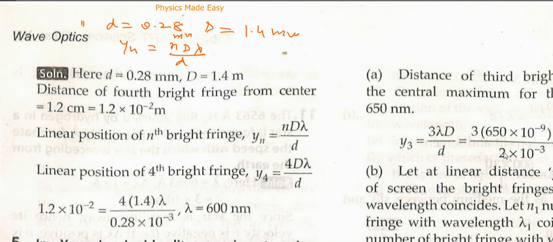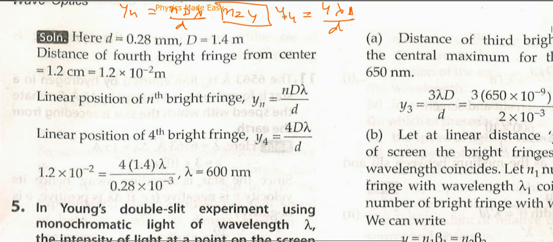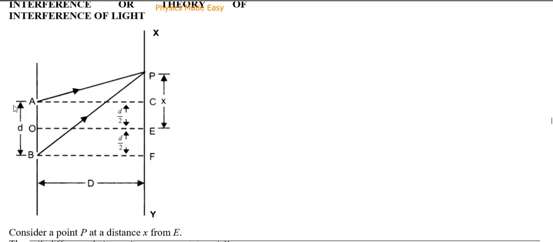For the fourth bright fringe, n is equal to 4. So y4 is 4 lambda D by d. This y4 is the distance from the center of the central fringe, which in our diagram has been represented as x. So we just need to find out y4.